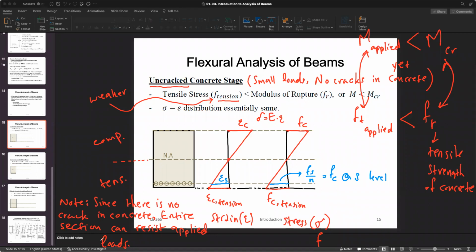All right. This is the uncracked situation. If you have an uncracked situation, this would be the case. Next one, we're going to look at the cracked section, in other words, the elastic stress range when you are in the elastic region.